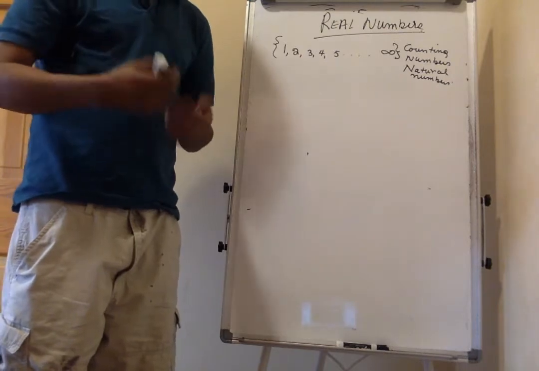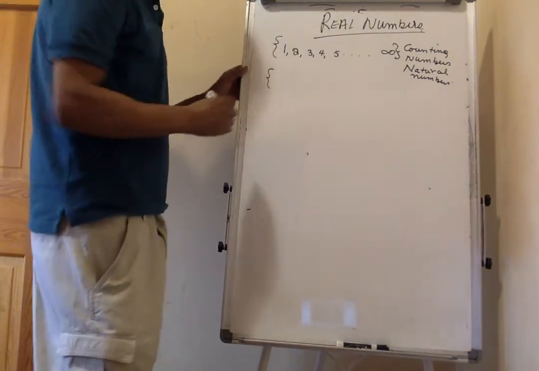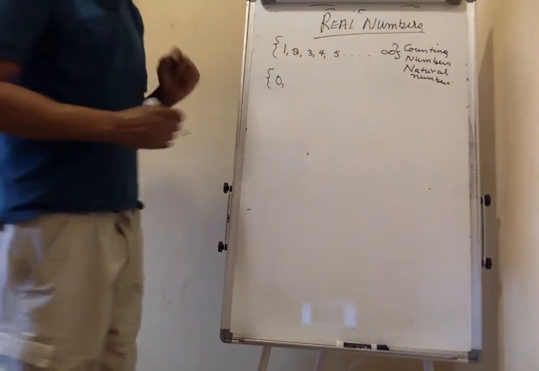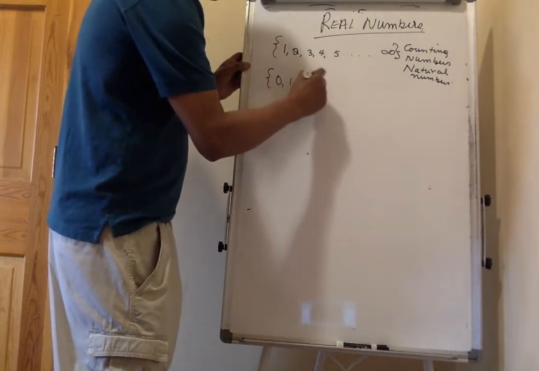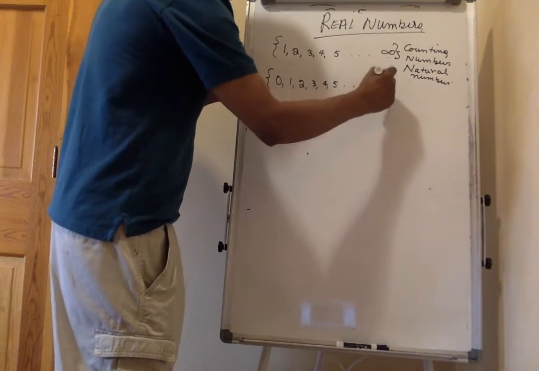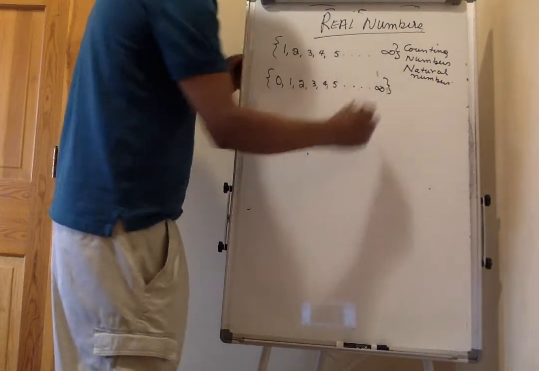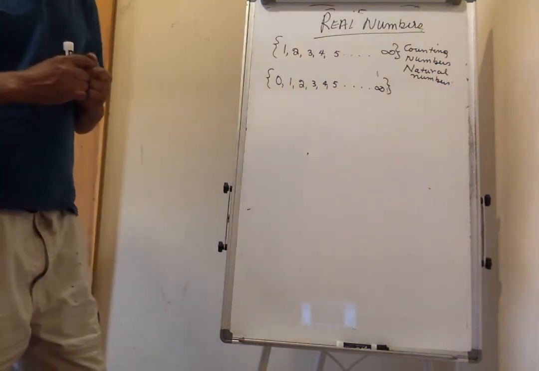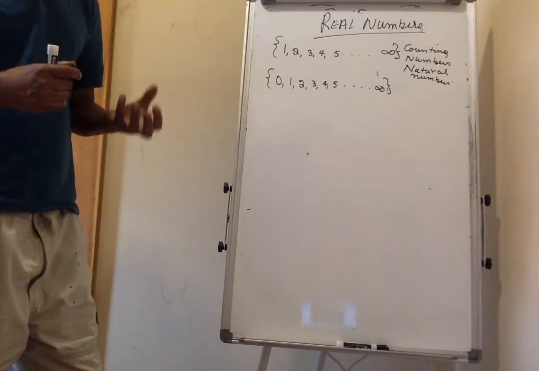Now we're gonna start growing the numbers. So I'm gonna add 0 into my counting numbers. 3, 4, and 5. And this also goes up to infinity. Okay. Because I added 0, and 0 is a very interesting number.